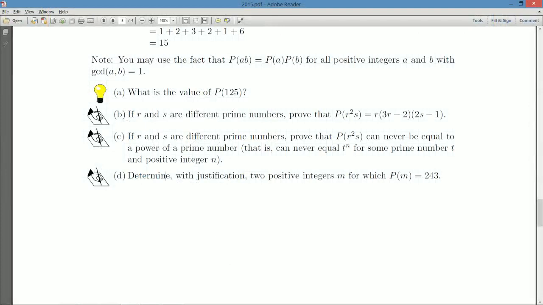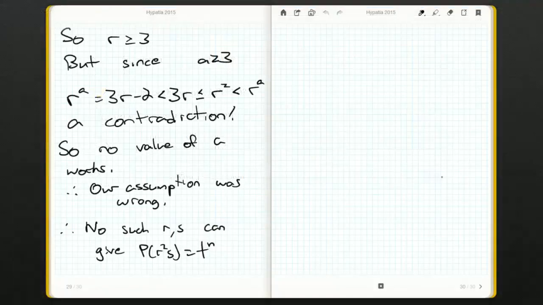And from part C we might be thinking powers of primes, because usually the way it goes is the earlier parts, A's and B's and C's, help you on your later parts, C's and D's. So we might already be thinking of powers of primes, and indeed 243 is a power of a prime. It's 3 to the power of 5. Okay. So there might be a way to use C to do this.